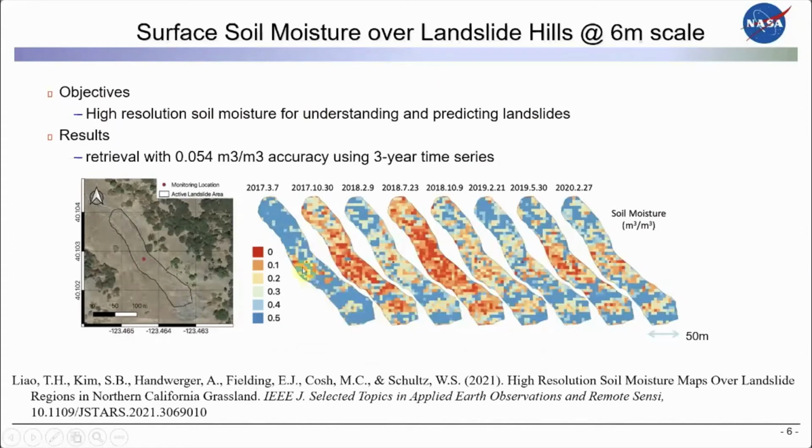So most of the landslides occur in winter. At this red dot, there was a sensor, and we validated the retrieval results. The outcome shows that the retrieval was good to 0.05 cubic over cubic. So with this result, we are hoping to advance the landslide science and applications.